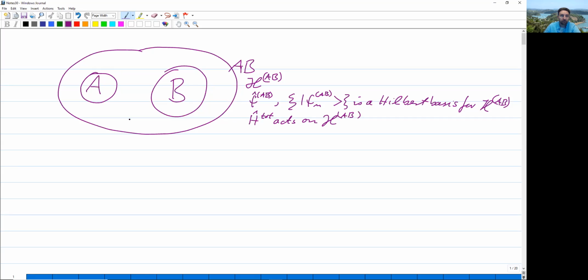Also, our total system has a density matrix, and that density matrix is denoted by rho superscript AB, and it too acts on the Hilbert space of our total system. Of course, it could be that this is a mixed state density matrix, but it could also be a pure state density matrix.